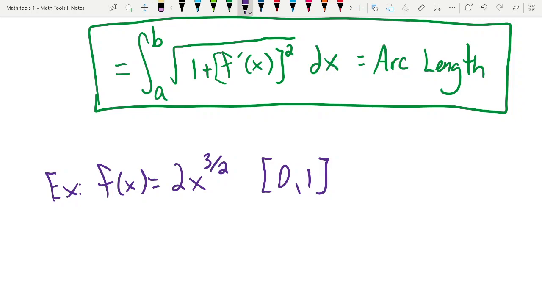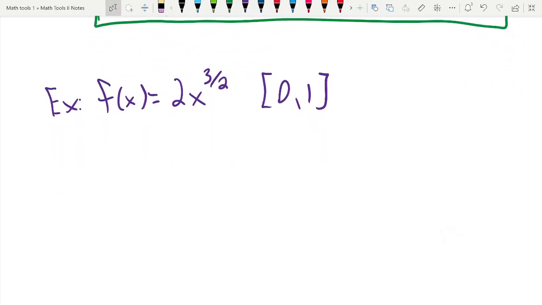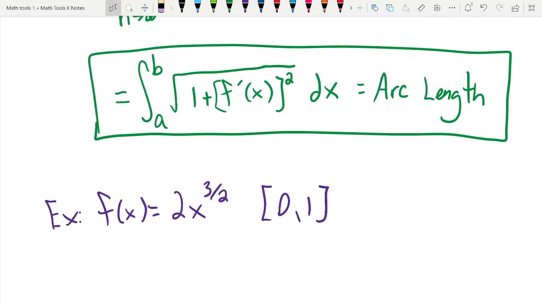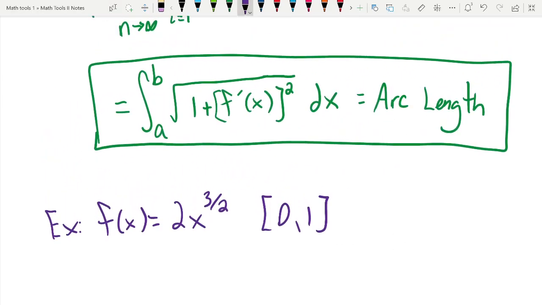That one in particular really leads to one where you kind of just have to use a computer program to approximate it, or some kind of table of integrals. So integrals in general can be deceptively tricky sometimes, even with simple functions, but this one just gets kind of weird because you're also taking the derivative first and squaring it and then throwing it under the square root sign, and that square root sign can make things pretty tricky.